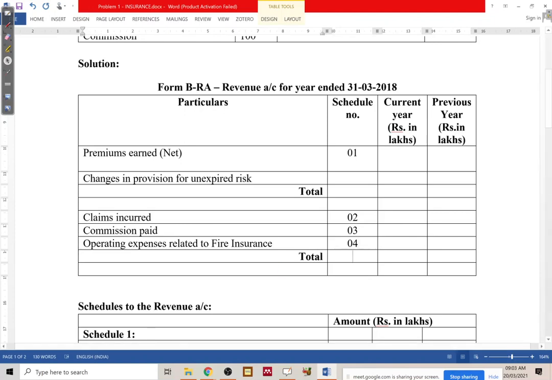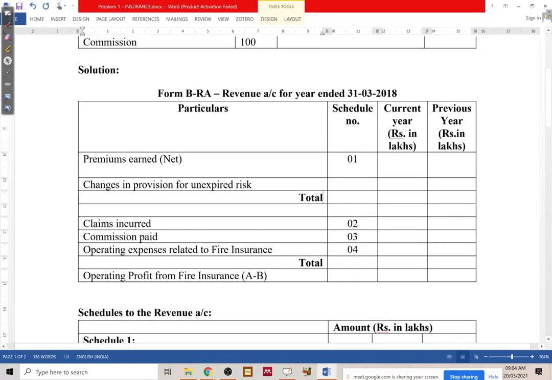After subtracting the total of these expenses from the total of the incomes, what you get is operating profit from fire insurance, A minus B. This is A and this total is B. Minus the two and you get operating profit from only this business department, that is the fire insurance department.